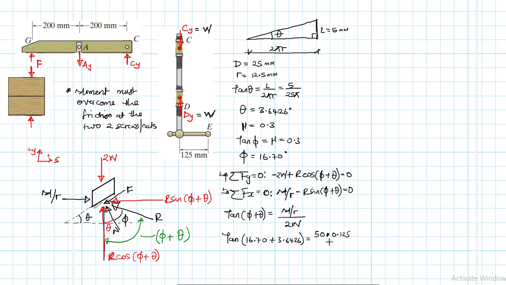And then, of course, this is divided by r, which is equal to 0.0125, and then times 2, times w.